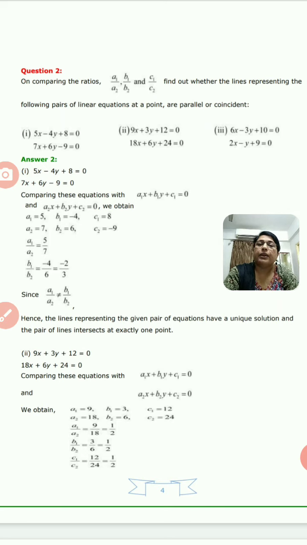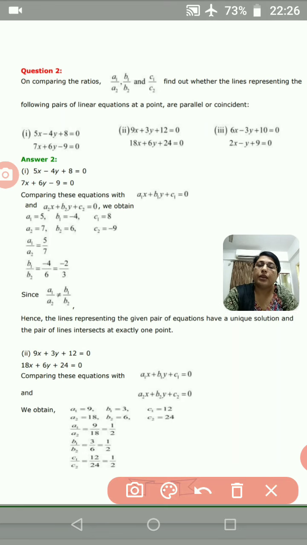For the first equation we write the coefficients as A1, B1, C1, and for the second linear equation we write A2, B2 and C2. In the first question, if I take the ratios A1 upon A2 and B1 upon B2, I get A1 upon A2 does not equal B1 upon B2.